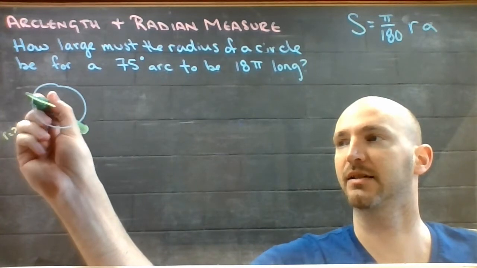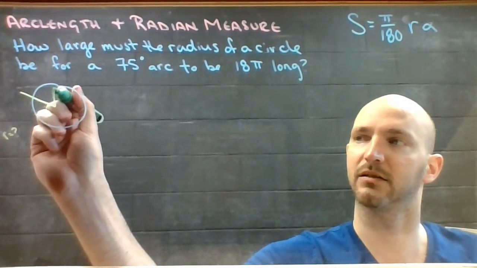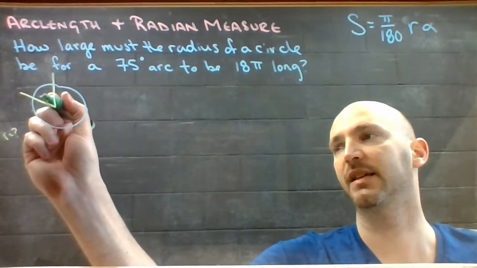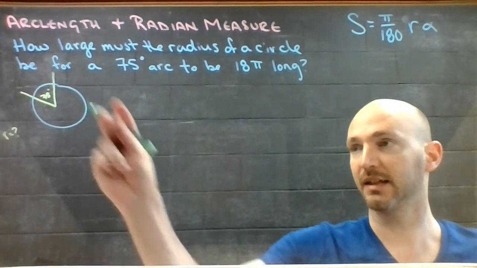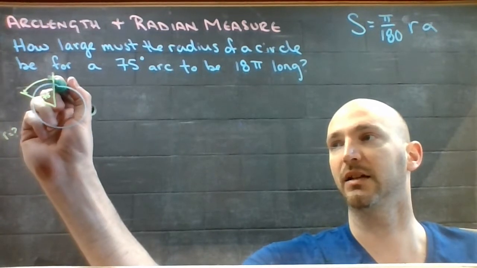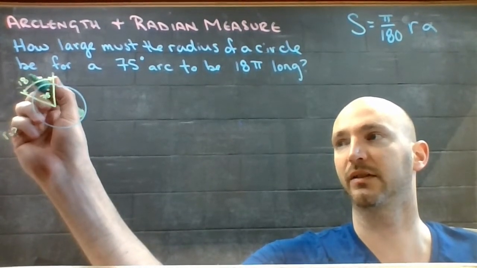How about that? 75 degrees is less than a right angle. That's 75 degrees there. And this piece here, from here to here, is 18 pi units.